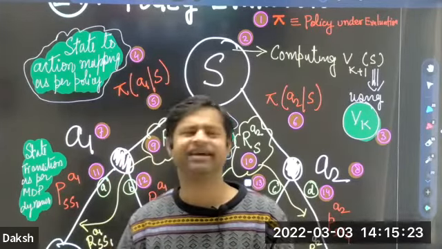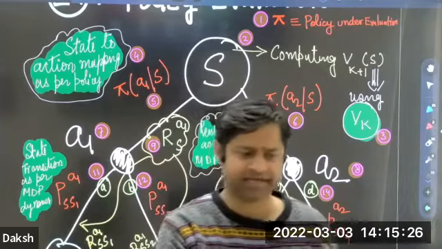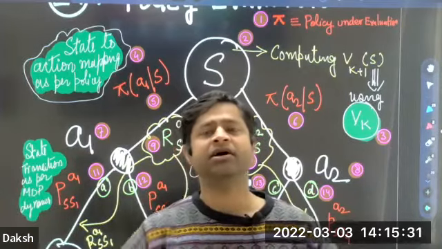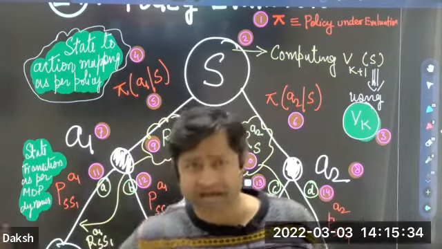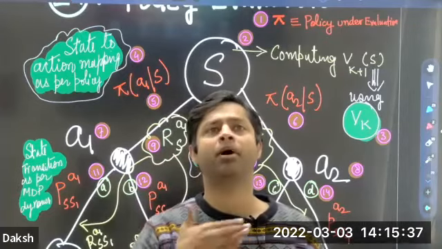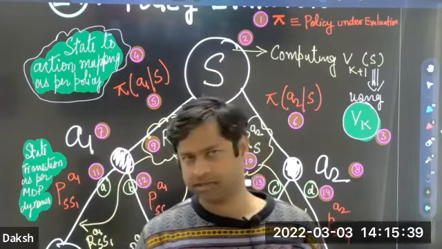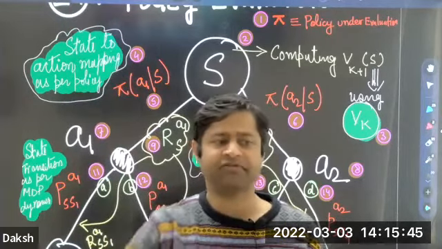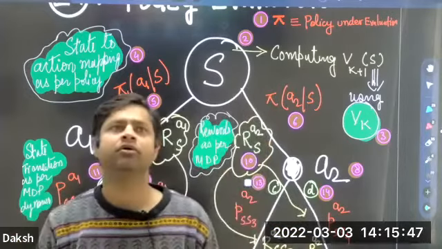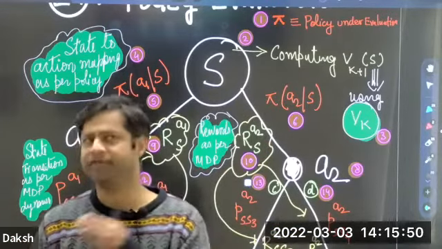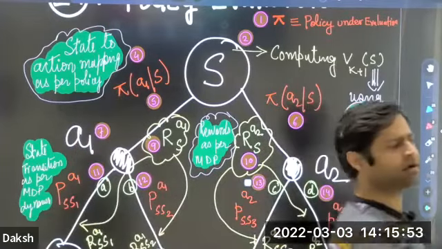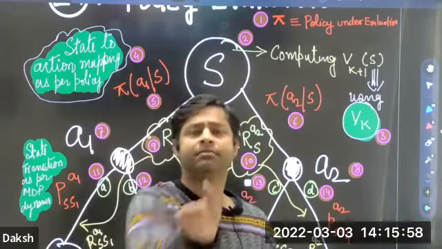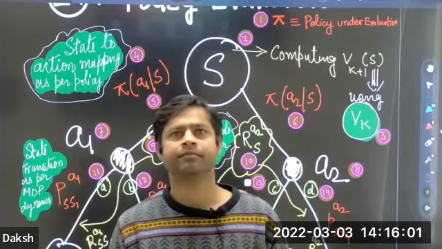But it's also the case that we have v1(s), v2(s), v3(s). What does that mean? It means that I am iteratively trying to converge to a proper value function. Initially, some random value function v0. Then v1 is slightly better than v0. v2 is slightly better than v1. In fact, vk is slightly better than vk minus 1. What does that mean?